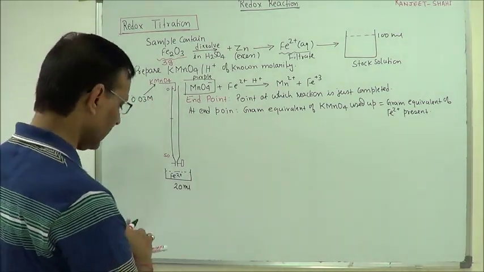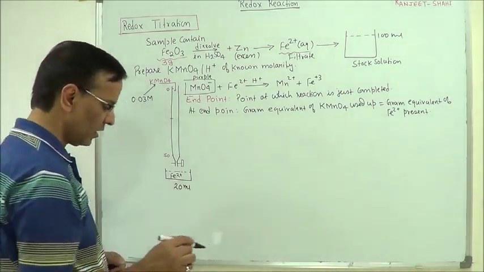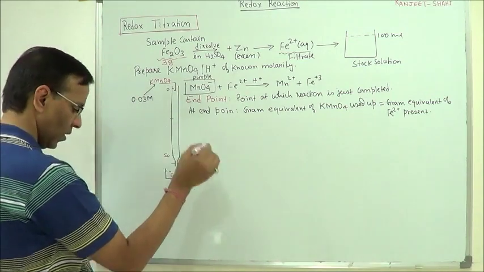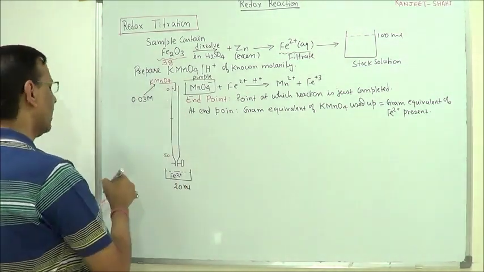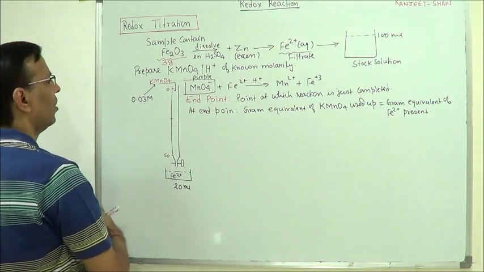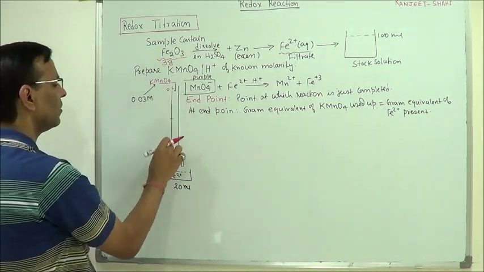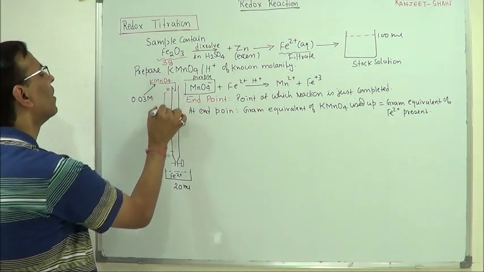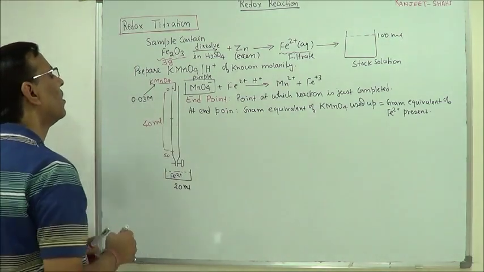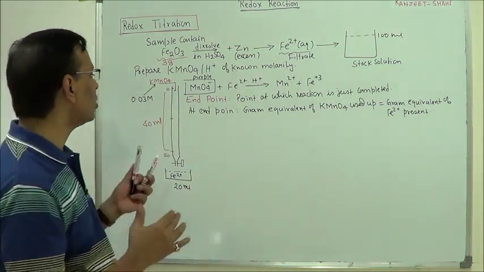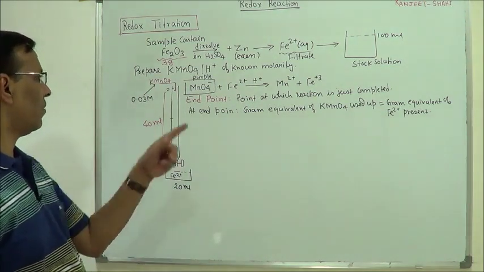Let us say this 20 ml solution required 40 ml, so a total of 40 ml of potassium permanganate is consumed in titration of 20 ml of the stock solution.